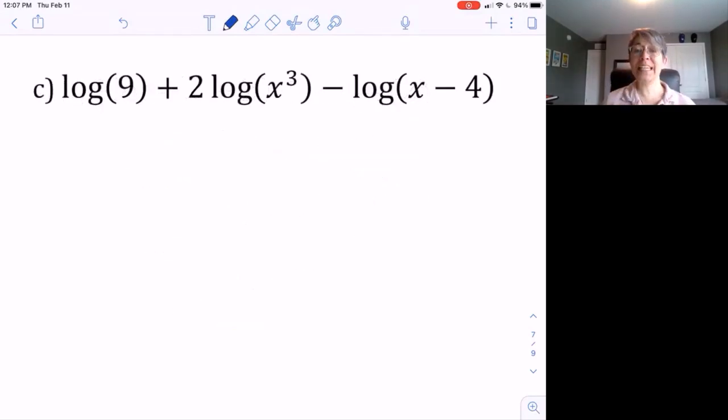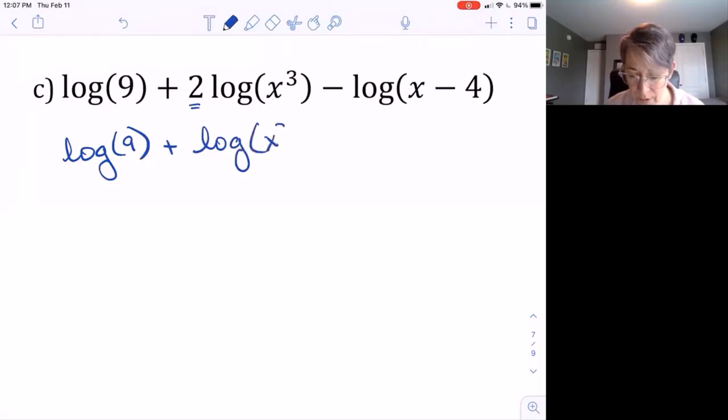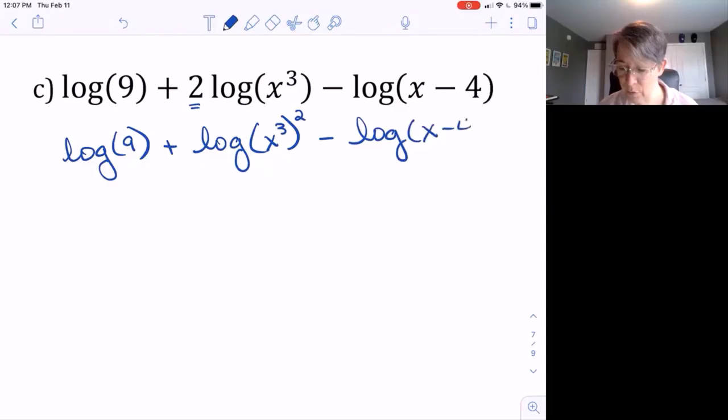All right, in part C, again, we have a couple of things going on. Let's move this coefficient of 2 first. So common log of 9 does not change, plus the common log of x cubed, we're going to move that 2 and make that an x cubed squared, minus the common log of x minus 4.